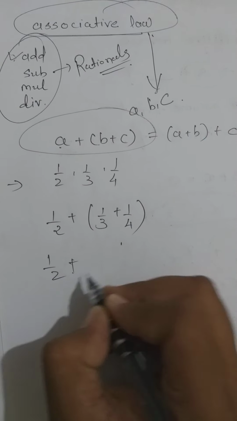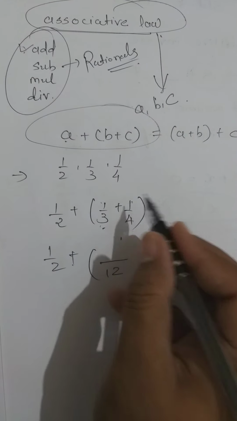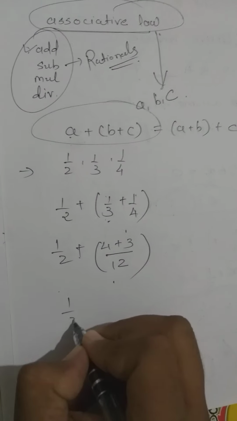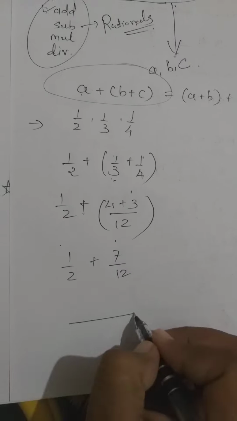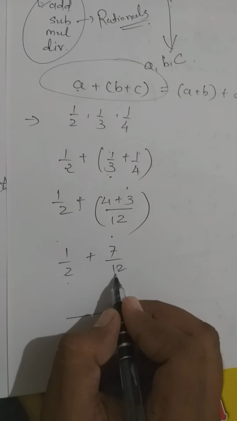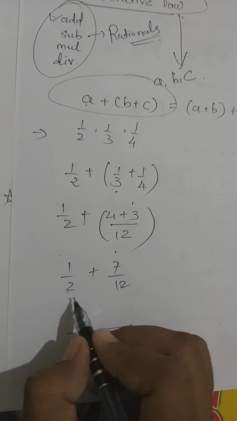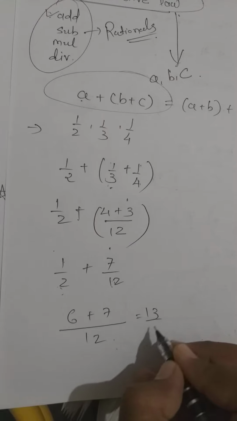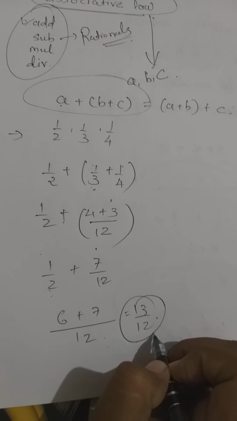The LCM will be 4 3s are 12. 4 1s are 4, 3 1s are 3. Then 4 plus 3 will be 7 by 12. Then 1 by 2 plus 7 by 12. Now the LCM again is 12, because 12 comes in the table of 2. Here 6 2s are 12, then 6 plus 7 is 13 by 12. So I get the answer of the left hand side, which is 13 by 12.